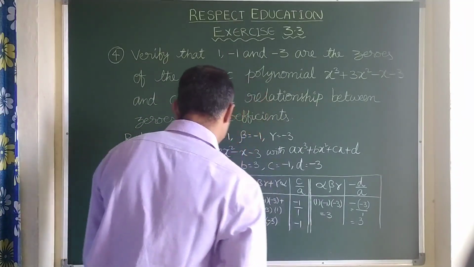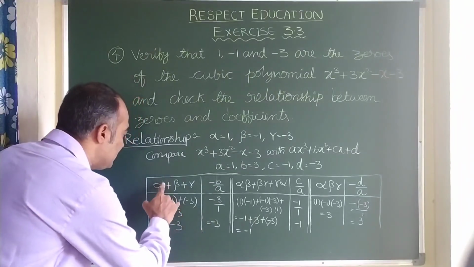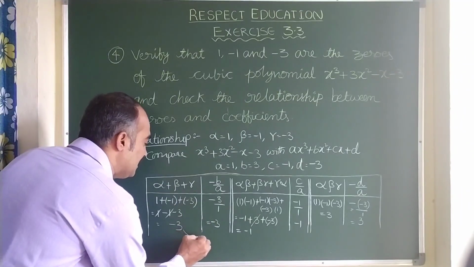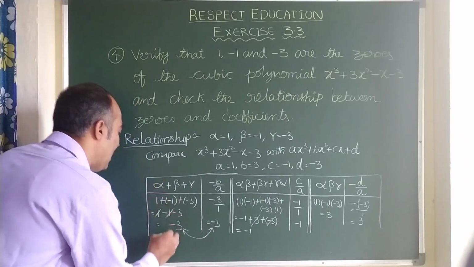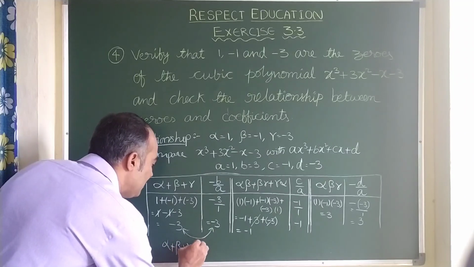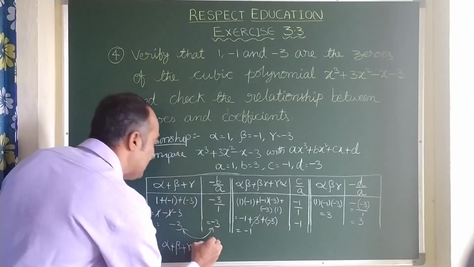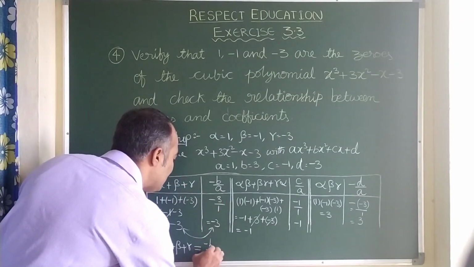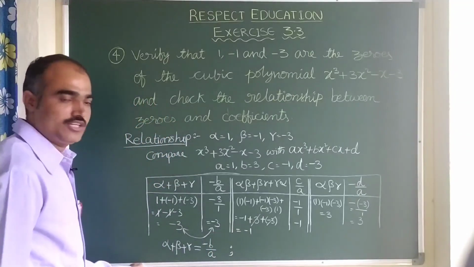Now let us come back. We are going to conclude the problem now. See here, you observe minus 3 equal to minus 3. This minus 3 indicates alpha plus beta plus gamma, and this minus 3 is minus b by a. So alpha plus beta plus gamma is minus b by a. First one.